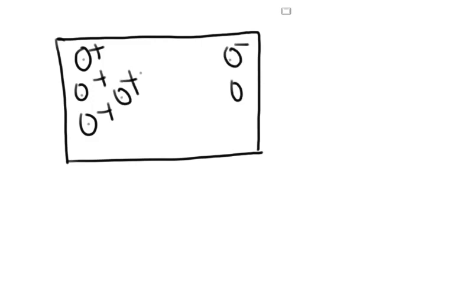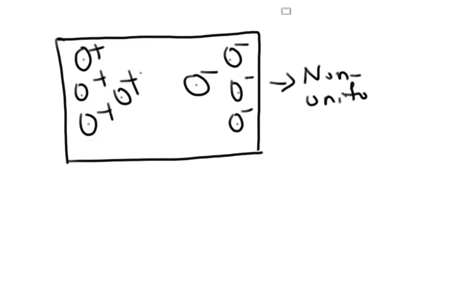Now, consider a material where the charges are concentrated. So, this side of the material only has holes, while this side of the material only has electrons. Now, this is a non-uniformly distributed material.